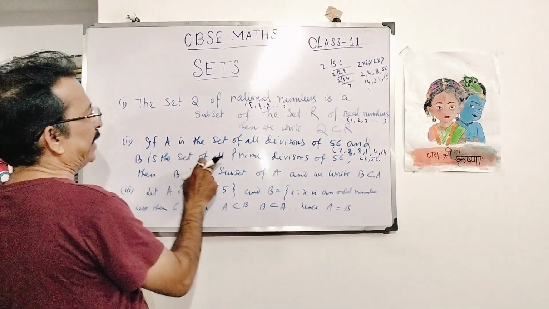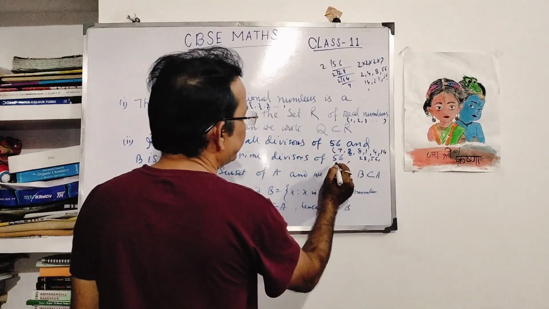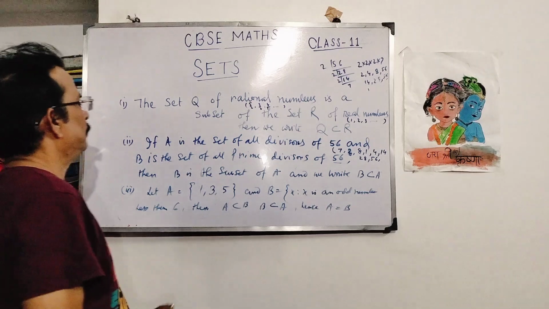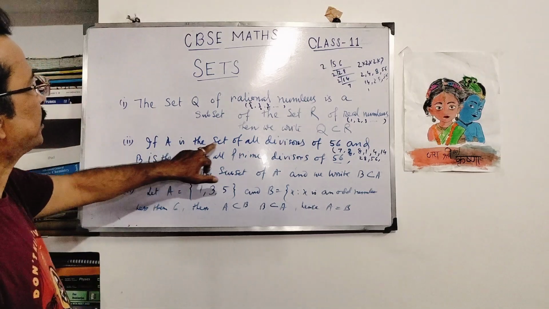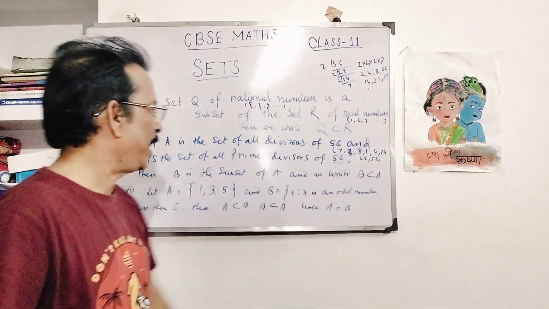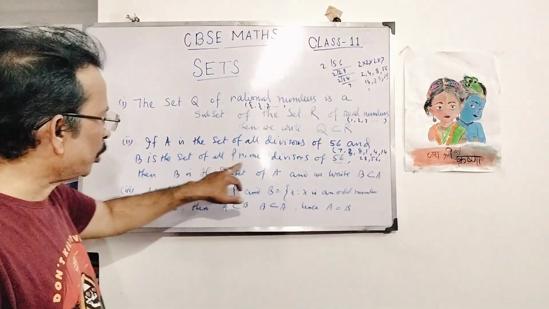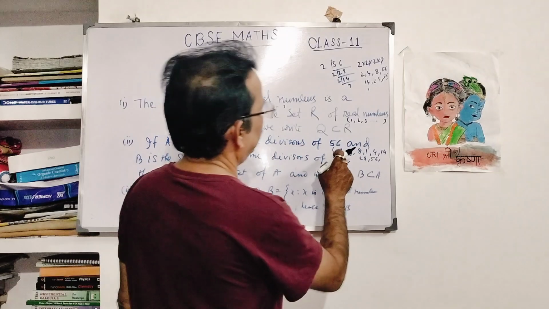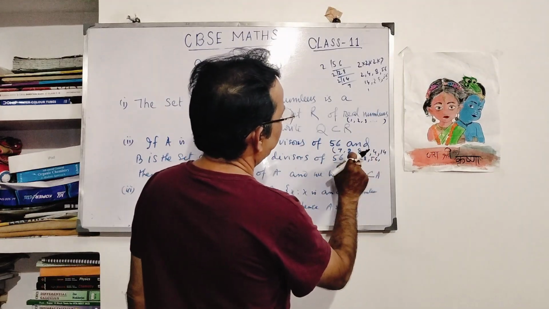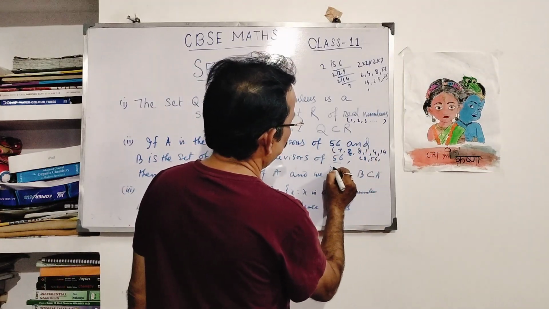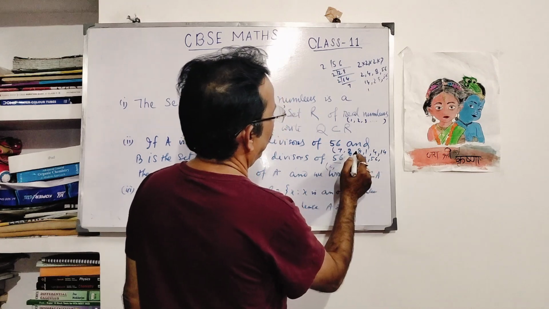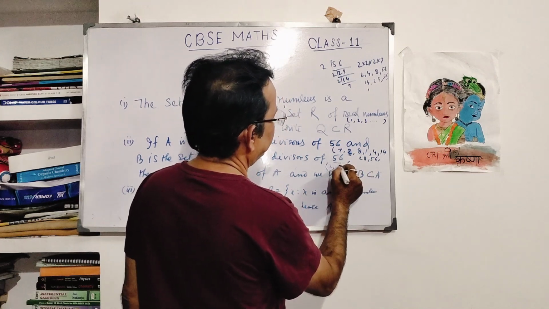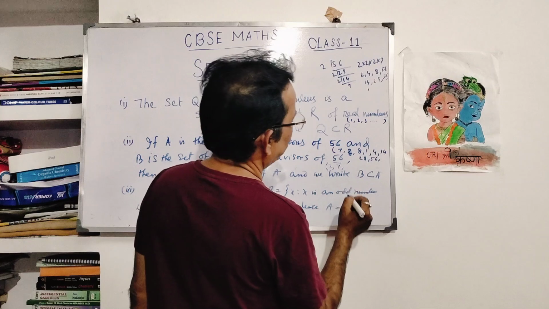B is the set of all prime divisors. A is the set of all divisors and B is the set of all prime divisors. Here prime divisors means 2 and 7.